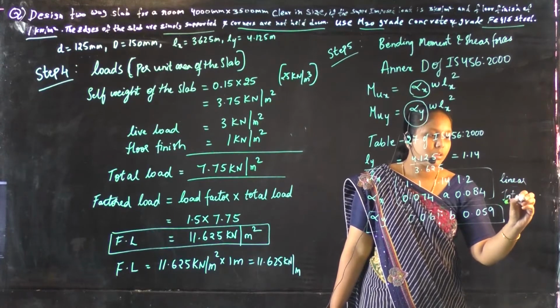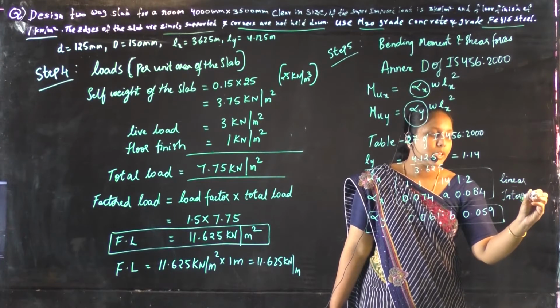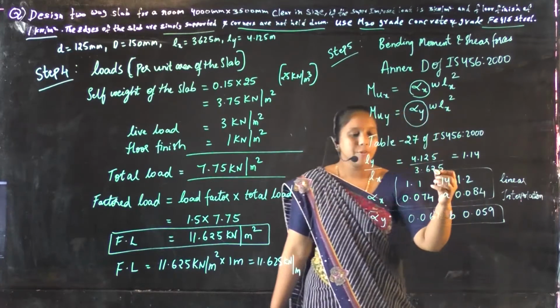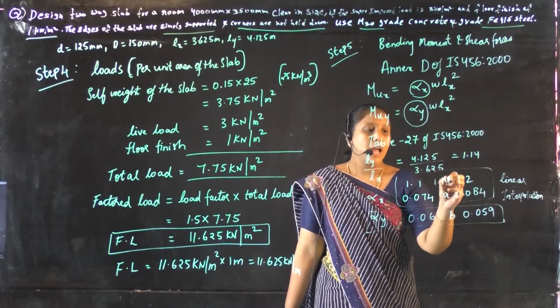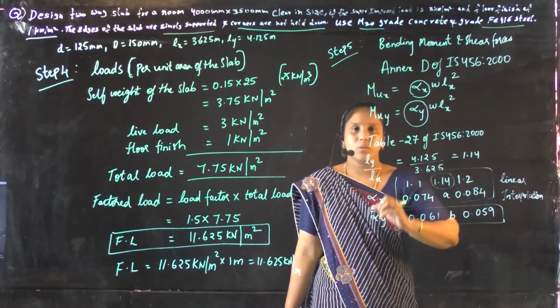So interpolate and find out the values of alpha x and alpha y for the Ly by Lx ratio of 1.14.